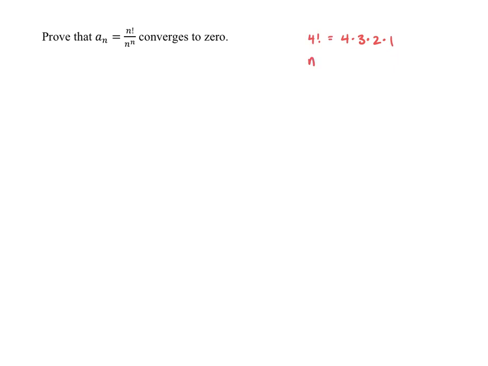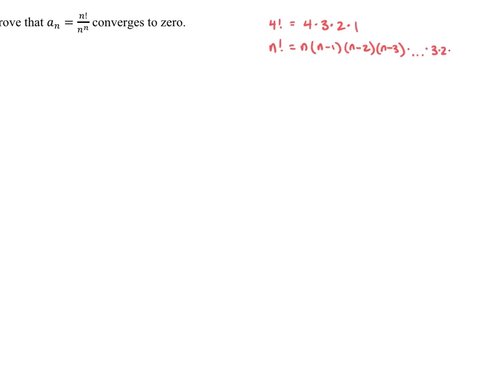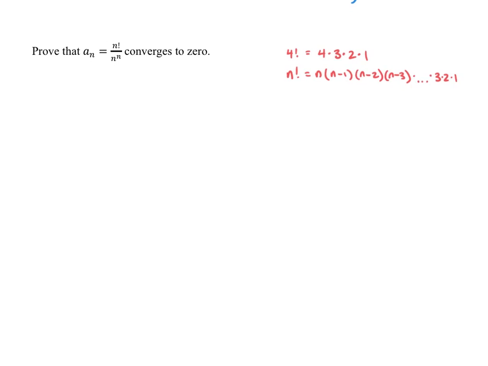If you had n factorial, you have n times n minus 1 times n minus 2 times n minus 3, and so on. That continues until you get down to 3 times 2 times 1. Obviously, if n is 4, it's not going to look as large as what I just represented.